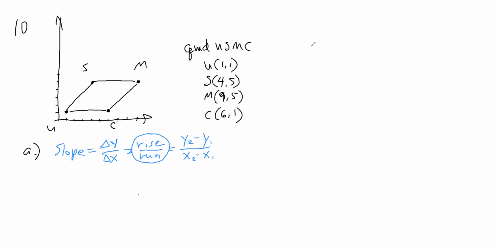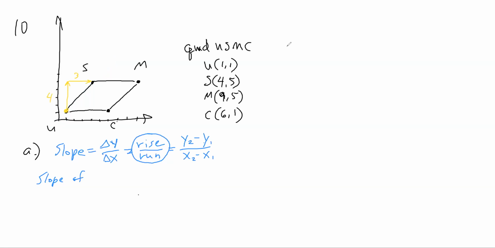So let's do the slope of, let's do this part first, US. So US, we would start, I'll do this right now in yellow. We would start right here at 1, 1, and we would count our rise, which is 1, 2, 3, 4 units. So up 4 units. And then we would go from there to the right and count our run, which is 1, 2, 3 units.